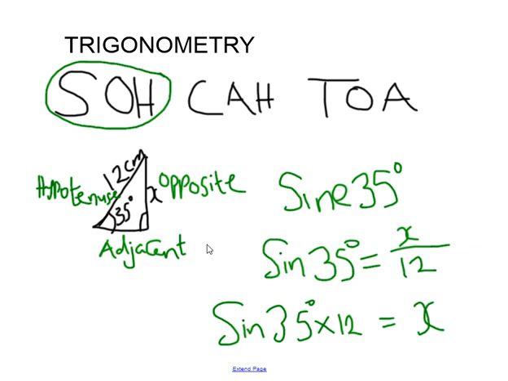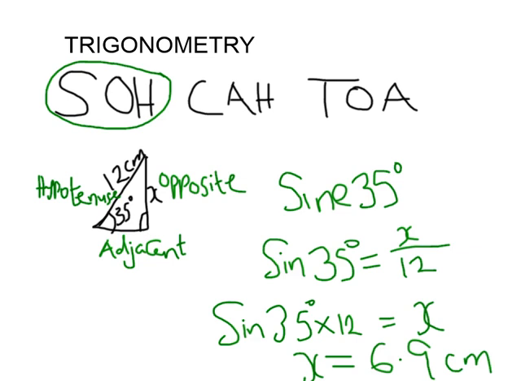If we times that by 12, we will get 6.882, approximately 6.9 centimeters. So I'm going to write that down. Our x is 6.9 centimeters. So that's the answer to that bit there.